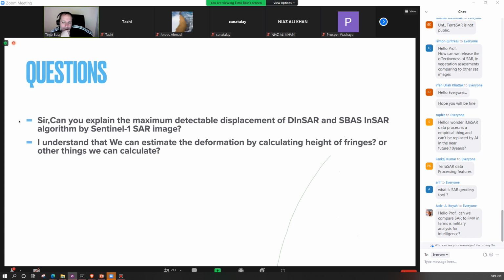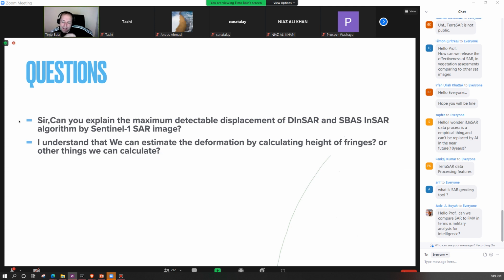Yeah, so we're looking at the fringes. We are trying to calculate them, analyze them, which is one way of getting toward the deformation. Now, in terms of the maximal detectable displacement, the question is not so easy to answer.